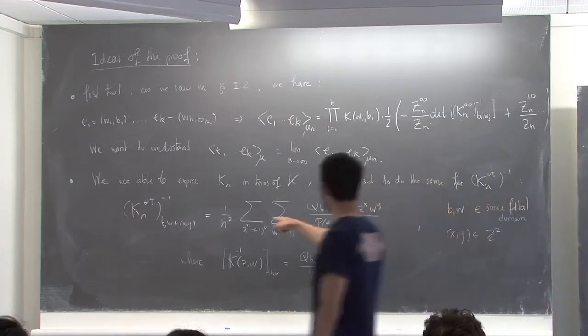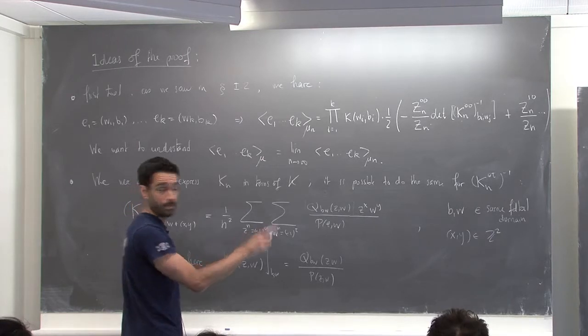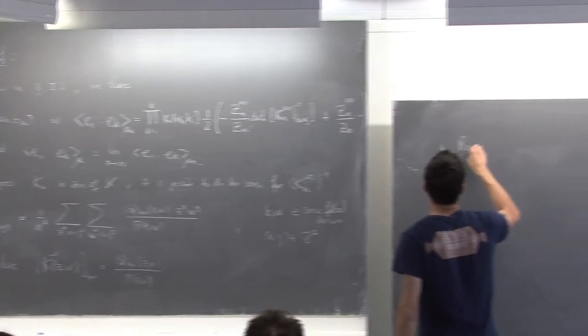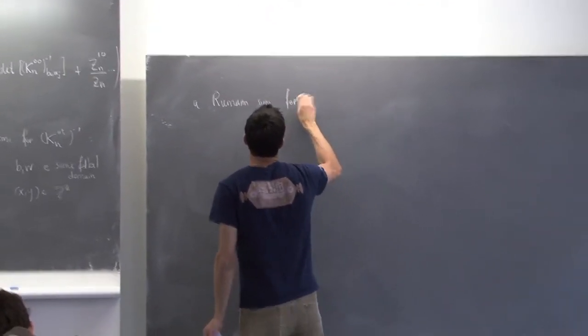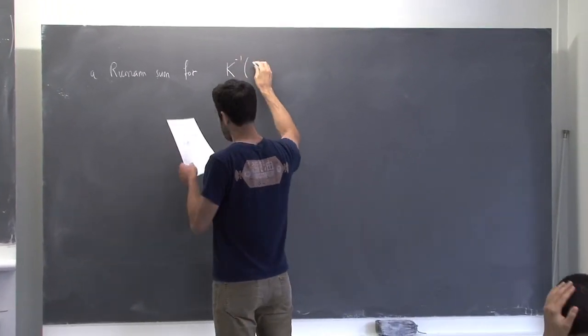Right, so now of course you see that this is a Riemann sum for some integral. So this is a Riemann sum for an integral that I will denote. So this is now really a notation.